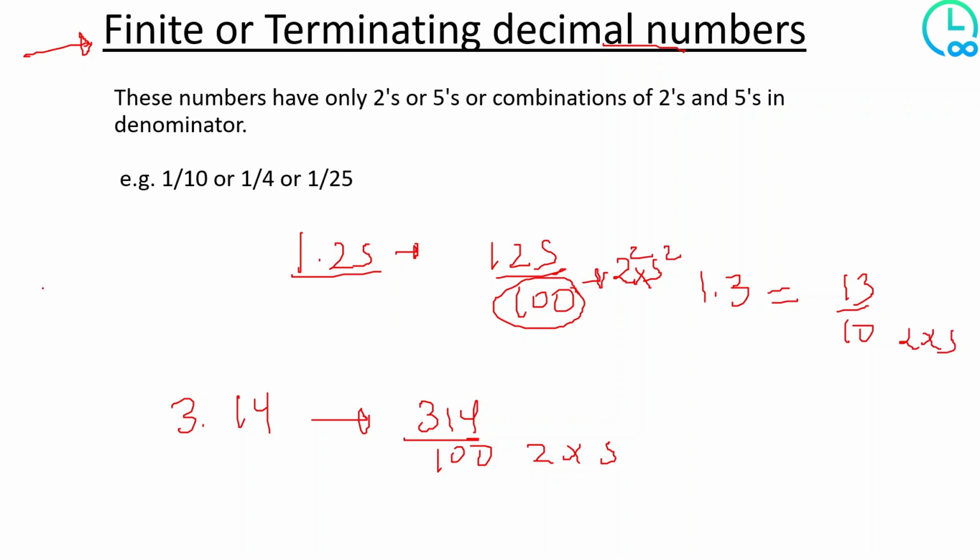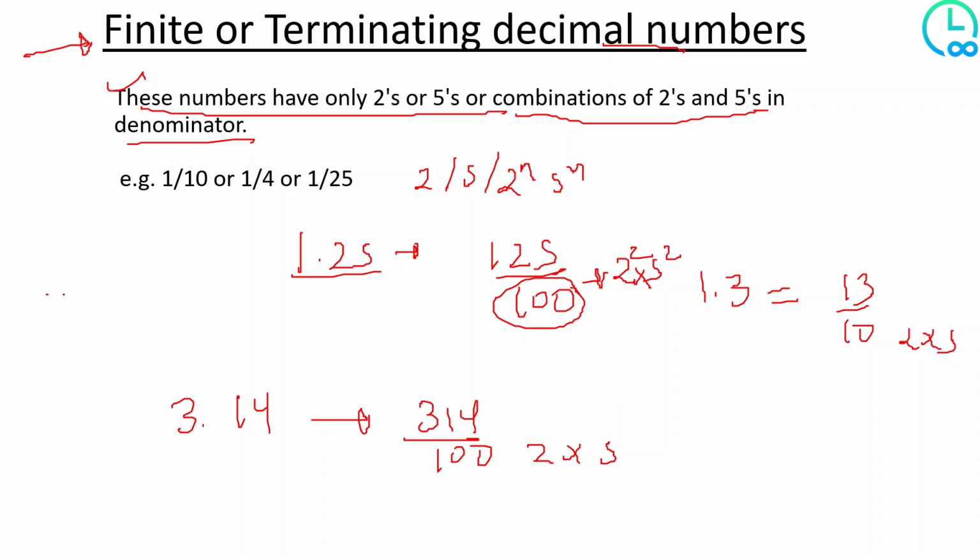So whenever this is written here, these numbers have only 2's or 5's, or a combination of 2's and 5's, in the denominator. So in the denominator of finite and terminating decimal numbers, you'll always get either 2 or 5 or any combination of 2, 5.